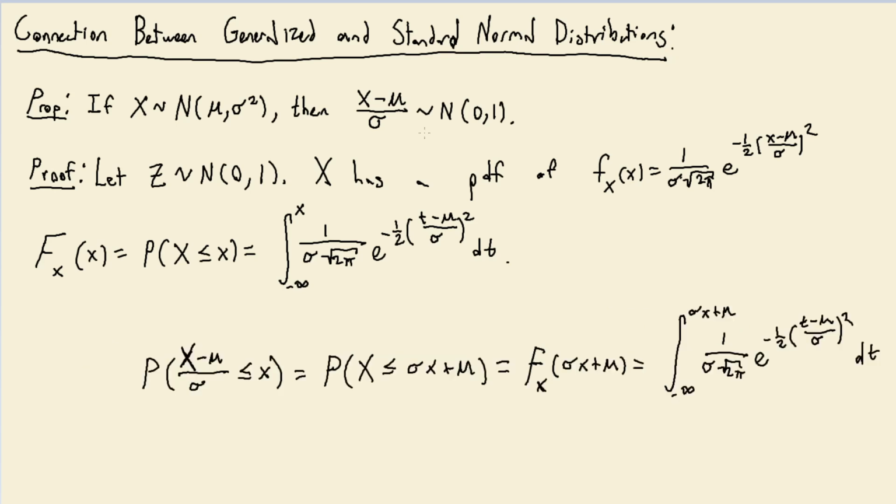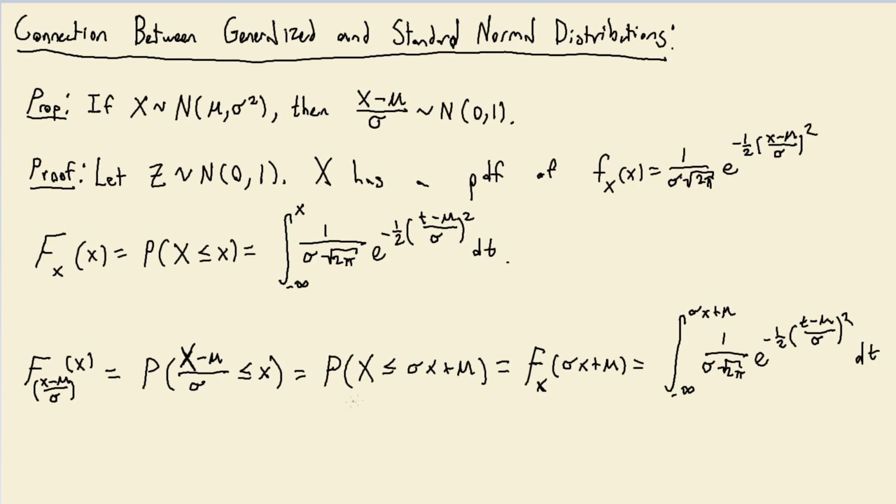Let me move things over here because I want to be very clear about what we're saying. We're saying that the cumulative distribution function for this random variable, (X minus mu) over sigma, evaluated at x is exactly equal to the probability of the random variable (X minus mu) over sigma being less than or equal to x.